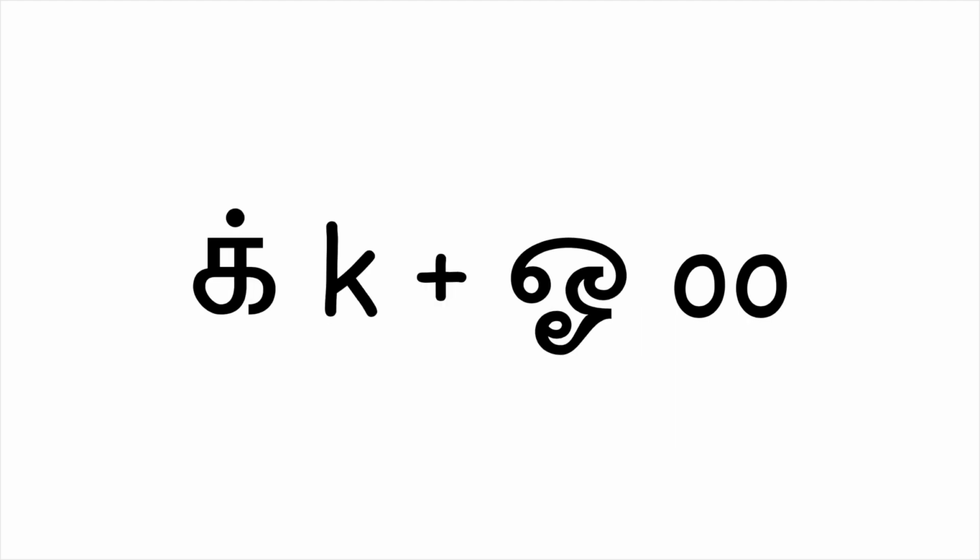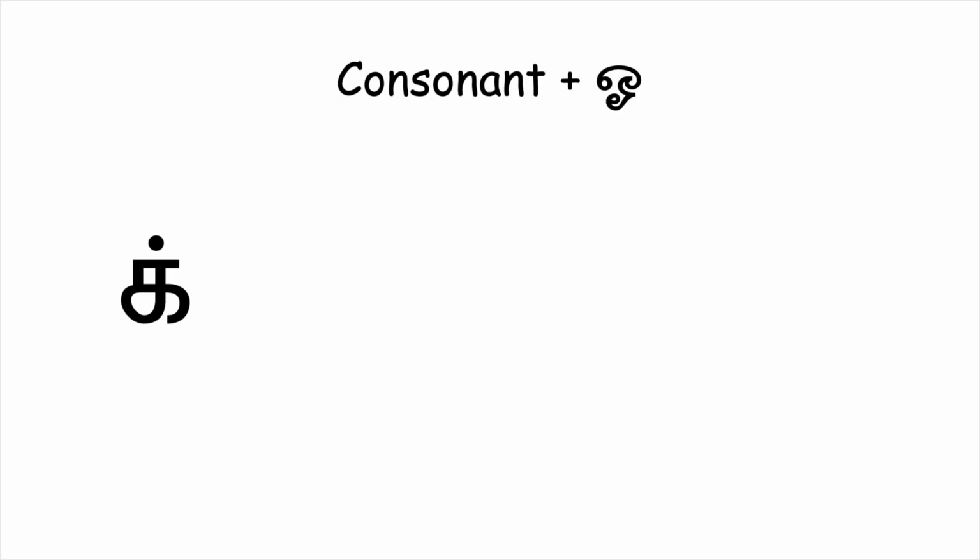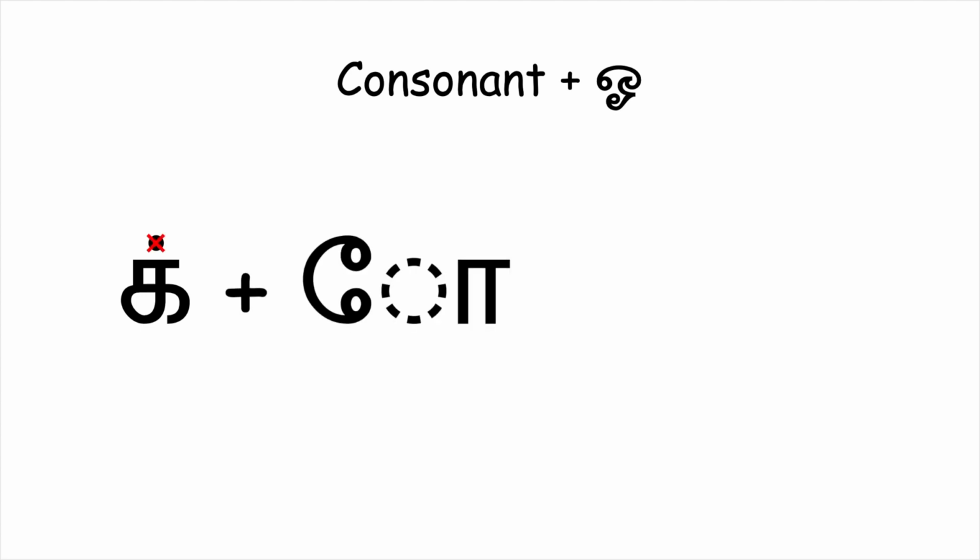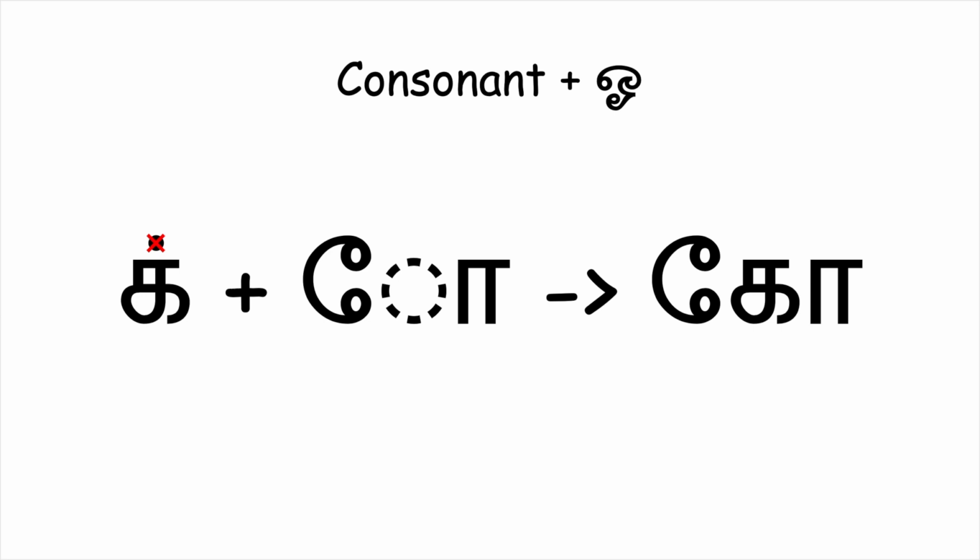This is the letter ko. It's formed from uk plus o. The pattern which applies to the consonant plus o combinations is to get rid of the dot and add these two patterns to the front and back. So when we apply this to uk, we get ko.